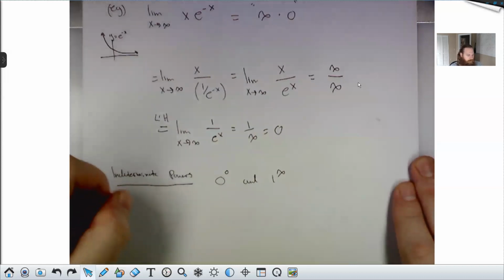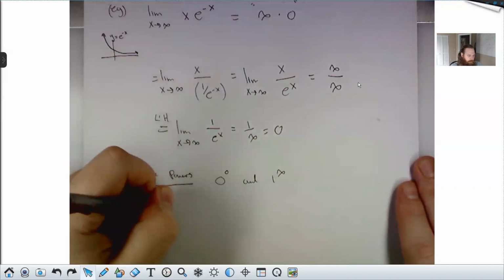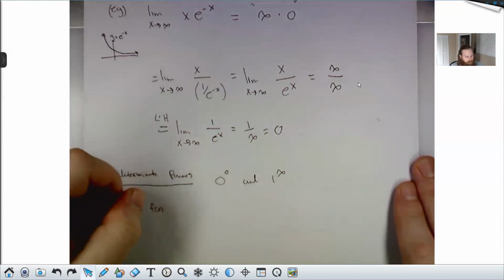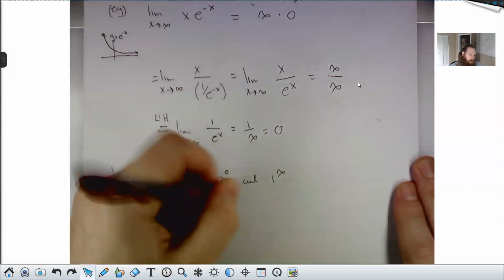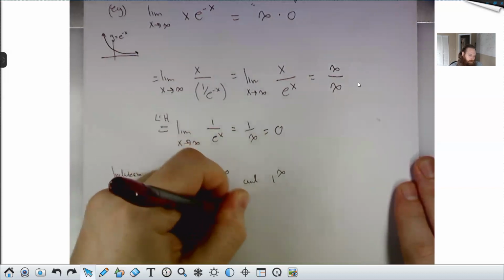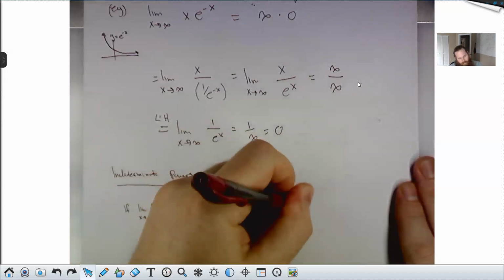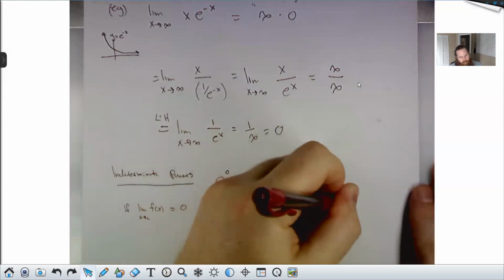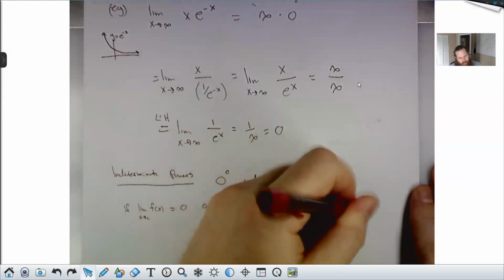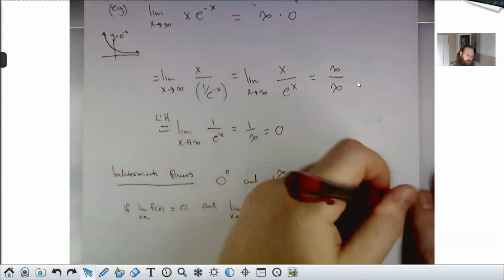So if, let's say, lim x to c of f of x equals 0, and lim x to c of g of x equals 0, then lim x to c of f of x raised to the g of x is going to look like 0 to the 0.